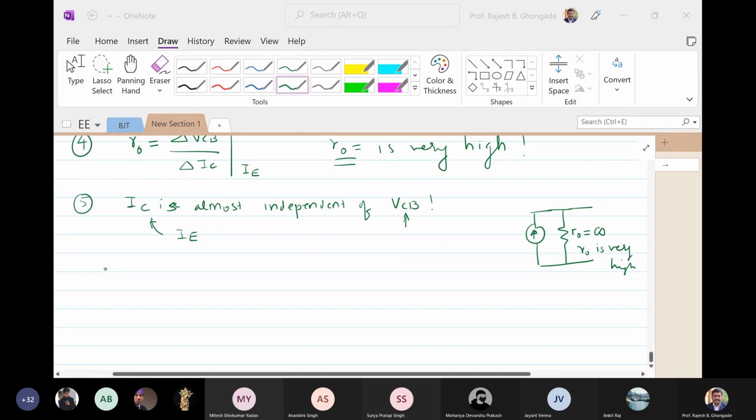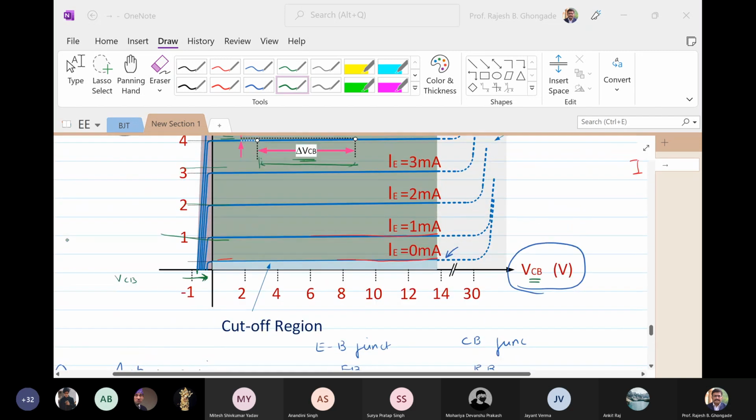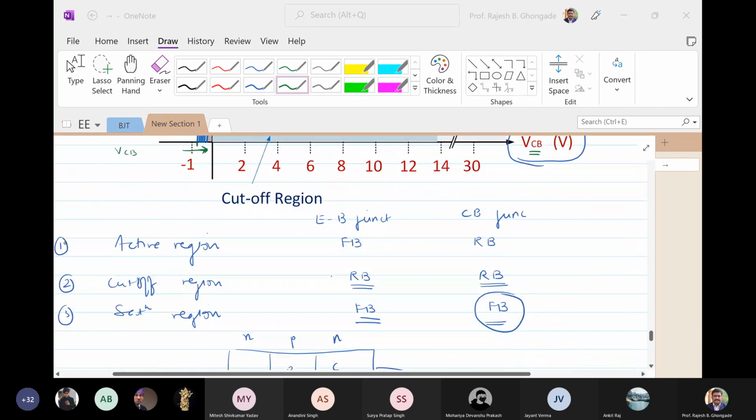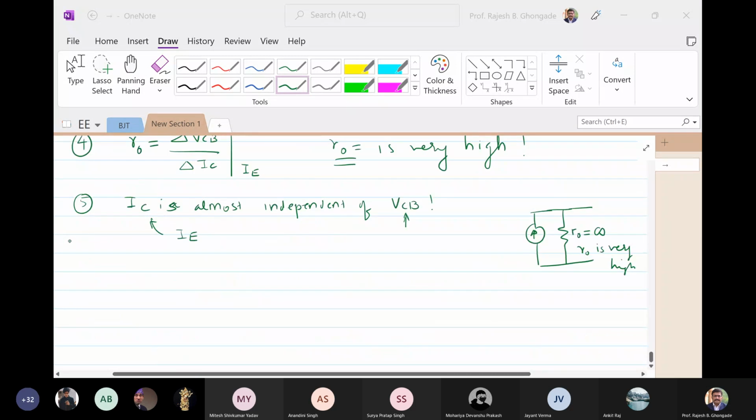If the collector base junction is sufficiently reverse biased, if you increase this beyond the safe limits, beyond whatever the manufacturer says for that transistor, we enter what is called a breakdown region. जैसे डायोड का ब्रेकडाउन रीजन होता है ना रिवर्स बायस में, Yes, sir. वैसे ही इसका ब्रेकडाउन भी हो जाएगा, and that is what is shown by these dotted lines. ये ब्रेकडाउन हो जाएगा. इसको बोलते हैं पंच थ्रू इफेक्ट.